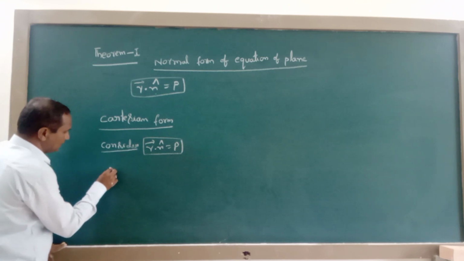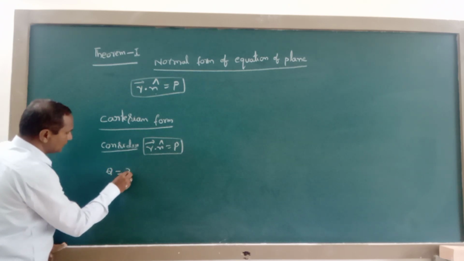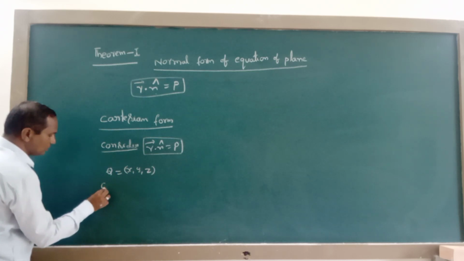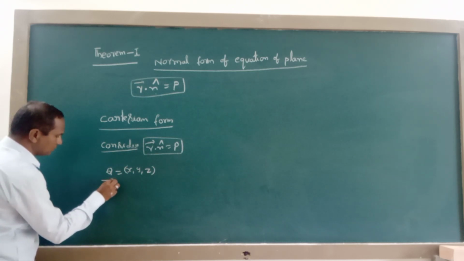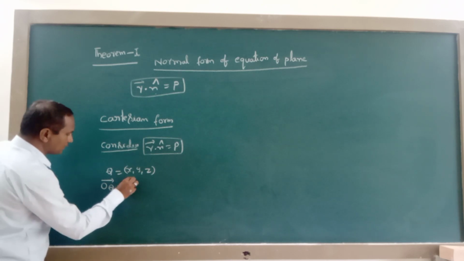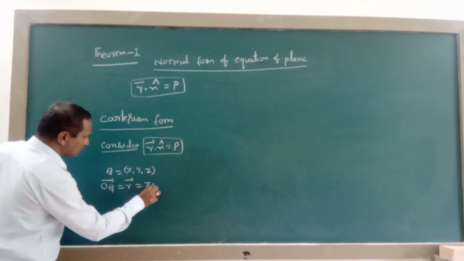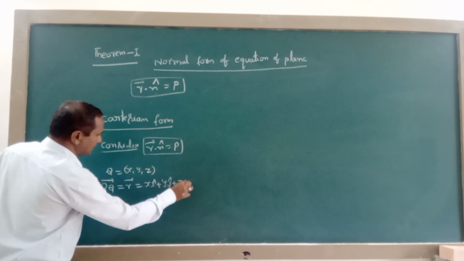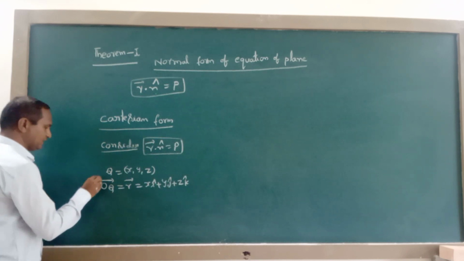Let Q be the point (x, y, z). That is, OQ vector is equal to small letter r vector is equal to x i cap plus y j cap plus z k cap. It is one vector.